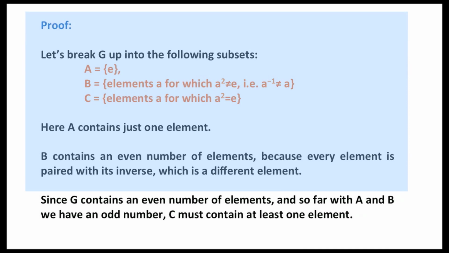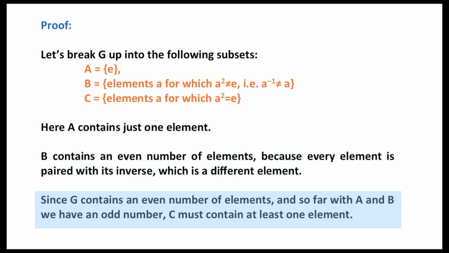Here A contains just one element, B contains an even number of elements because every element is paired with its inverse, which is a different element. Since G contains an even number of elements and so far with A and B we have an odd number, C must contain at least one element.